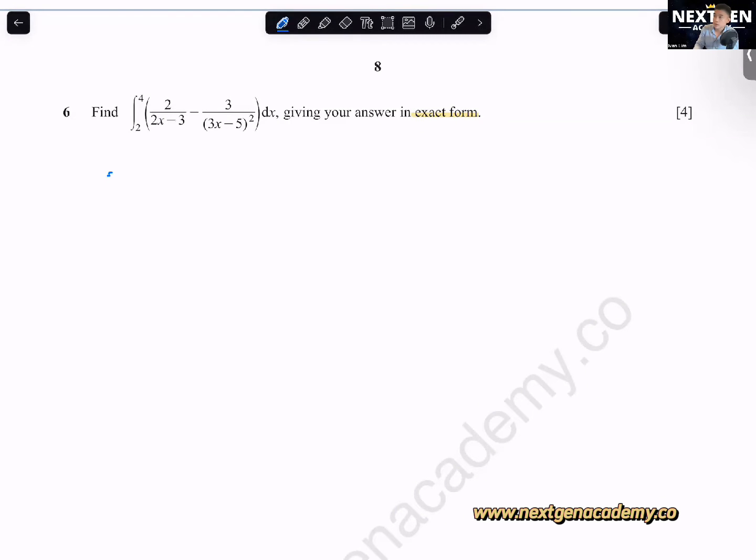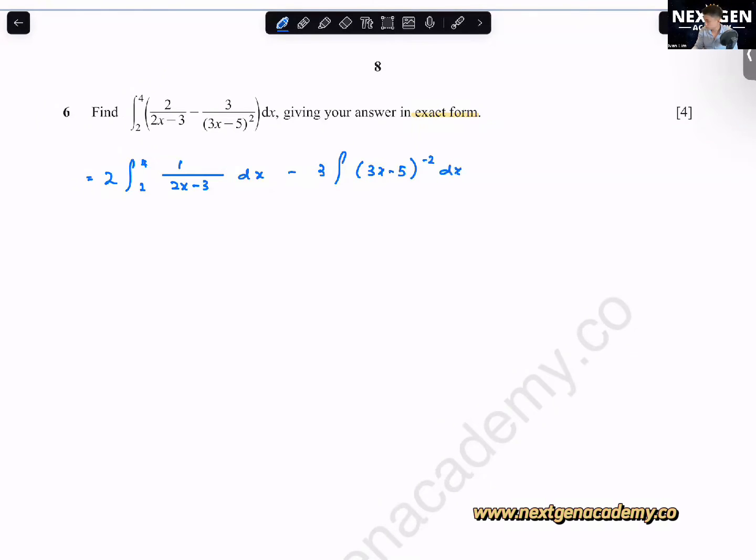You can write it as integrate 2 to 4, 2 over 2x minus 3, and this one I'll bring out also. So 2 times 1 over 2x minus 3 dx, minus 3 times integrate 3x minus 5 to the power of negative 2 dx.